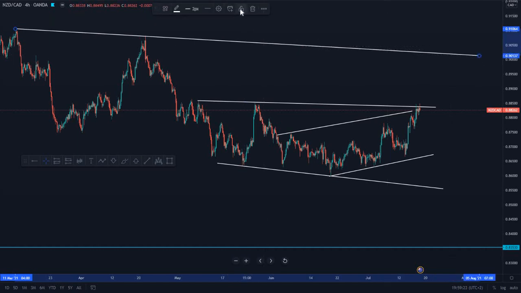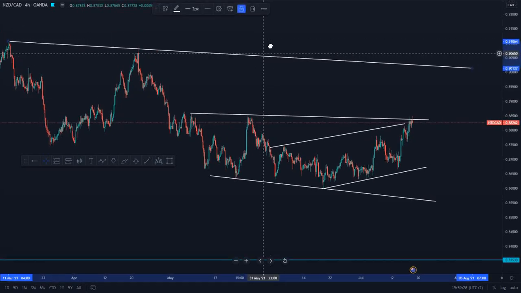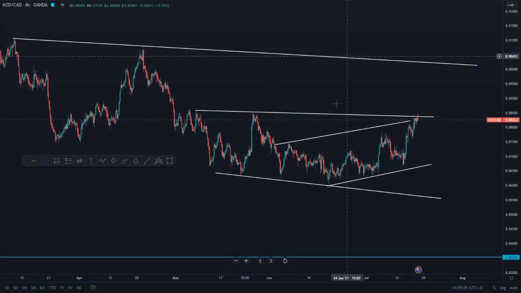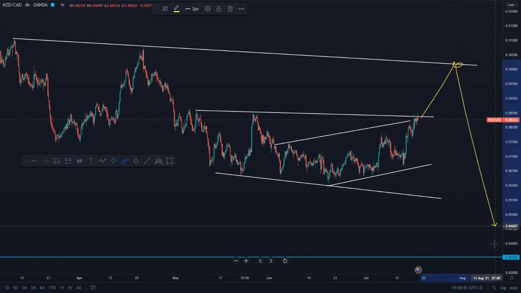Click on it and click lock so that it won't move. If you can check now, I can't move it. So for future purposes, if we break here, this is the area that we'll be paying more attention to for a reversal, or continuation, or a reversal to the downside.